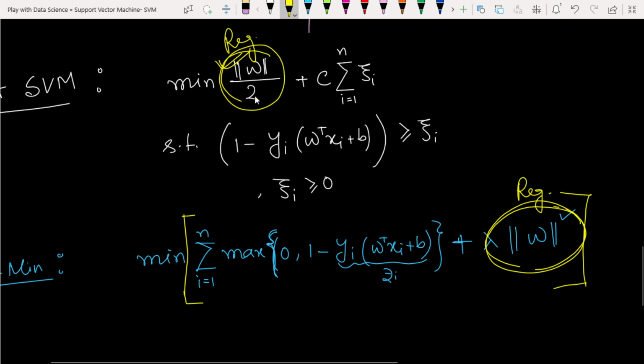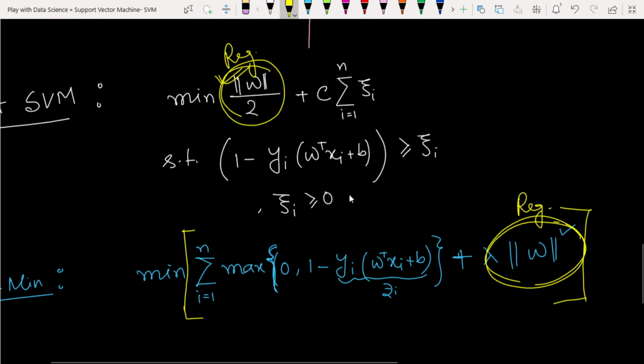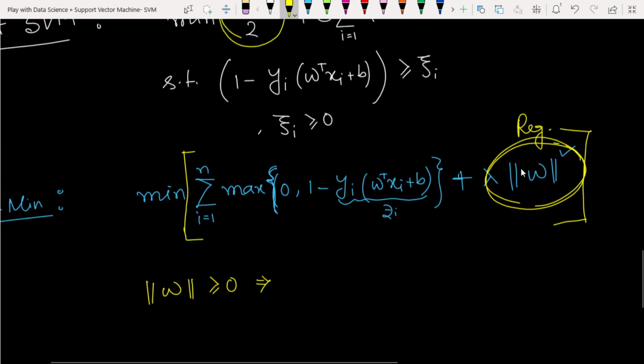At the end of the soft margin SVM lecture, if you revisit it, I called this a regularizer because of this very comparison. It is the same thing. Now just write down: norm of w is greater than or equal to 0.